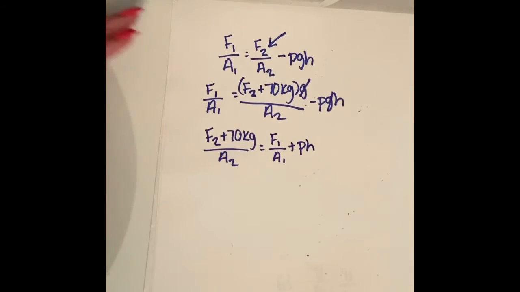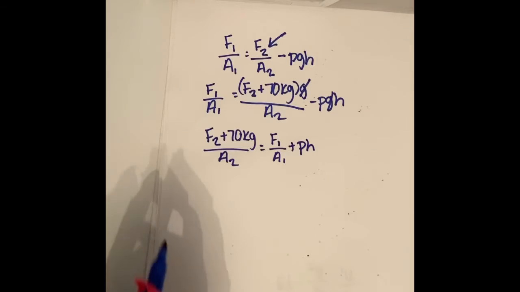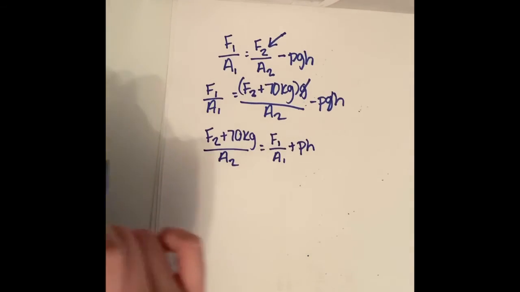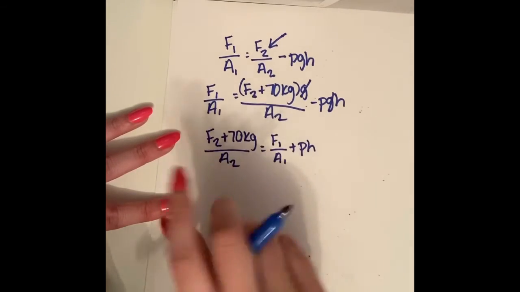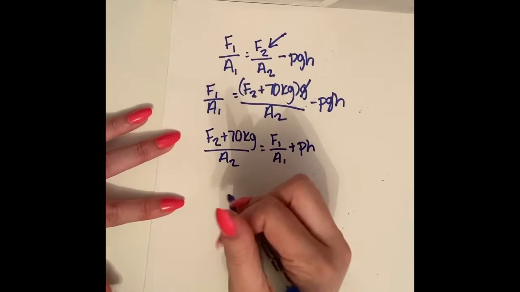And from here, we're just going to keep rearranging the equation until we can get F2 by itself. So we'll multiply A2 to this side.